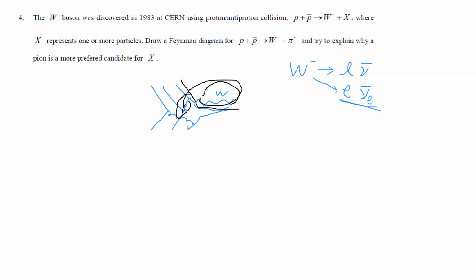It seems that we cannot couple a gluon to a W boson. Wait, but aren't those two lines the same gluon lines? I'm so sorry. Yeah, this is a gluon and this is a W boson. Yes, one is the strong interaction, the other one is the weak interaction. I'm so sorry.